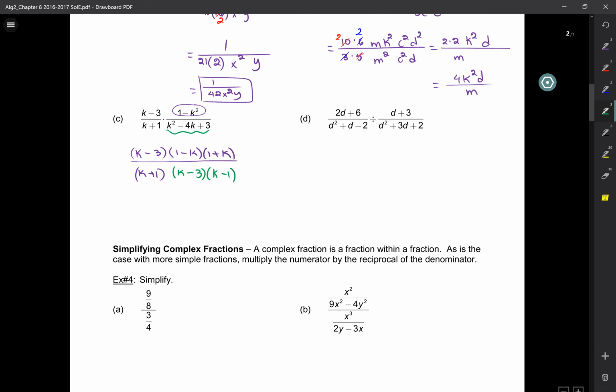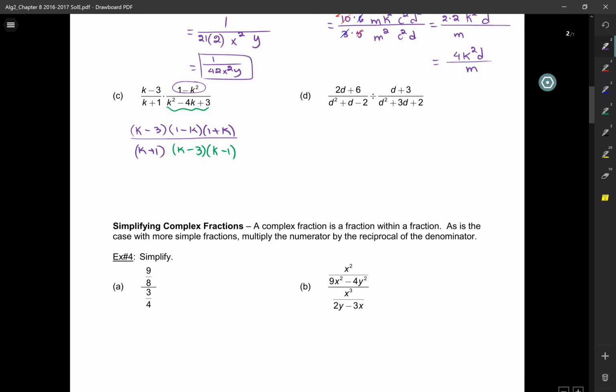Okay? So we factored. This is why we go through chapter 5, is because now we just need to be able to factor so quickly so we can move on with the problem. All right, what can we reduce here or cancel out? K minus 3's. What else?